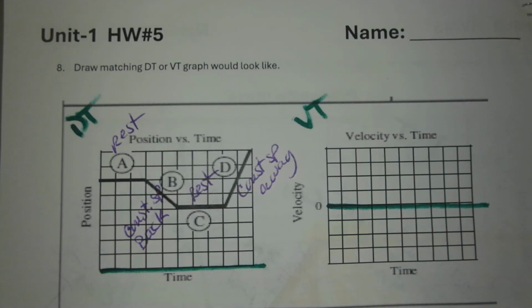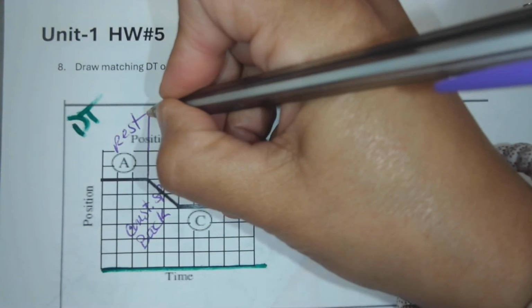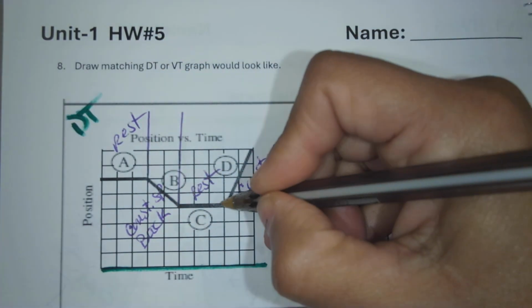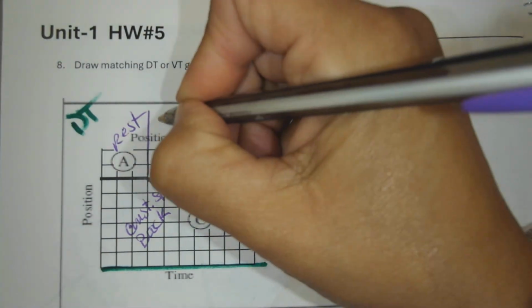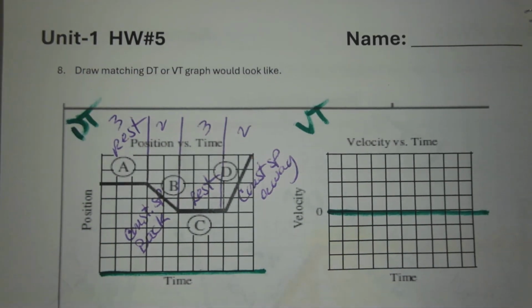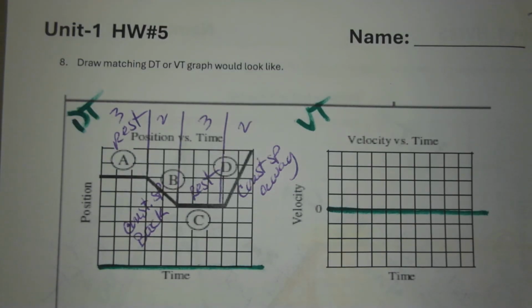Now, the one thing that you do need to pay attention to is the width. You can call these little columns, rows, numbers, but line A goes 3, line B is a section of 2, line C goes 3, 2, 3, and line D goes a section of 2. Wait, what do you mean it goes 3?